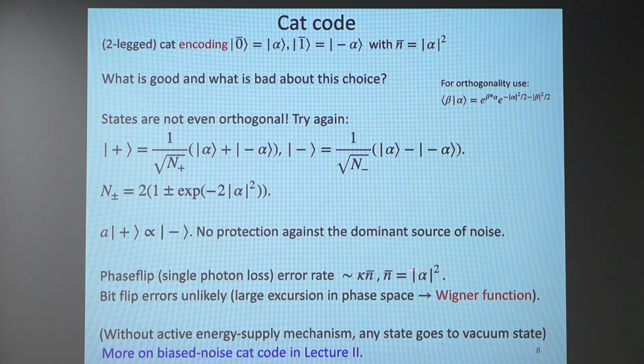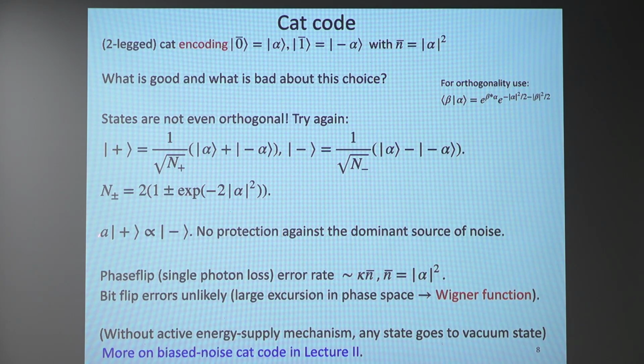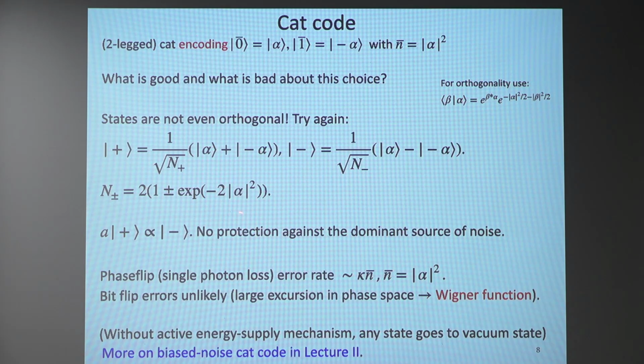Now the other point that was made, what about that photon loss? You could say, well, we want to do gates, but we also cared about something that is kind of good for photon loss. I apply A on this state. The state alpha is an eigenstate of A. So A on alpha is alpha times alpha.